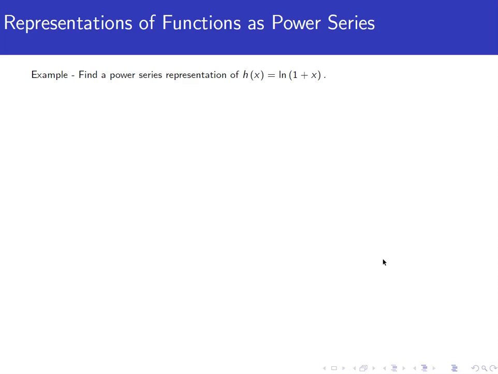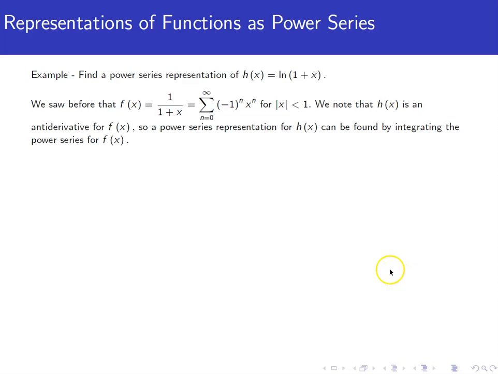Well, let's see if we can do a power series representation for natural log of 1 plus x. Well, we already saw what the power series representation for 1 over 1 plus x was in the previous example. And we note that if we find the antiderivative of f of x, we get h of x plus a constant.